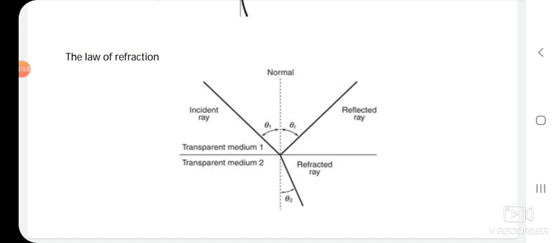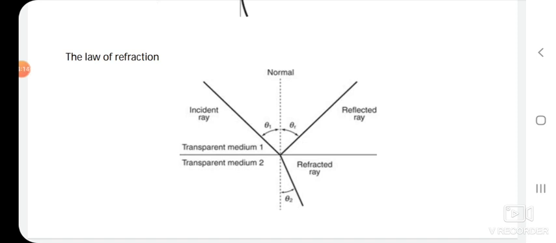When Snell observed light traveling from air into another transparent medium, he found a constant ratio of the sines of the angles measured from the normal to the light ray in that medium.